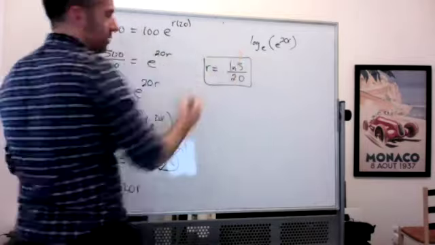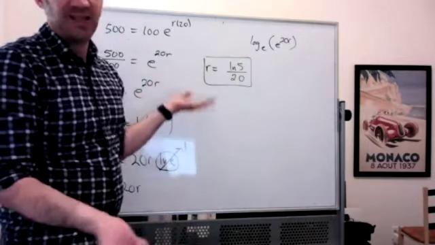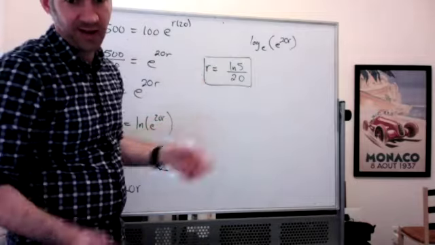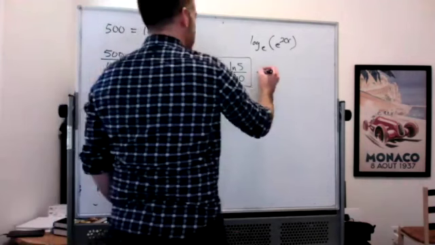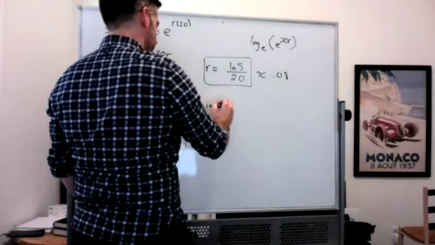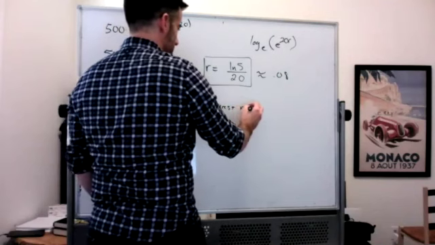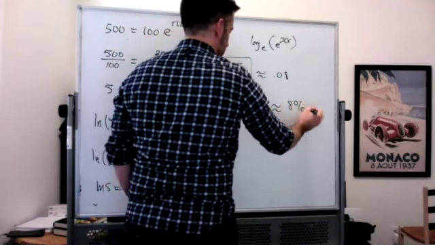And then I would actually use a calculator because, if I'm asking for the interest rate, it's not super meaningful, right? If we actually calculate this via a calculator, we get approximately 0.08. So our interest rate is approximately 8%.